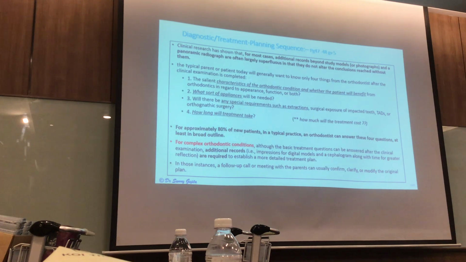In 80% of your orthodontic cases, we can answer these questions: whether my patient will benefit from orthodontic treatment or not, if he will benefit, what sort of appliance they will require, functional appliance, fixed appliance, or orthodontic surgery, and if we are doing any treatment, whether they will require extraction, non-extraction or surgical procedure, and how much time and how much cost it will take. These questions will all be answered without taking too many records.